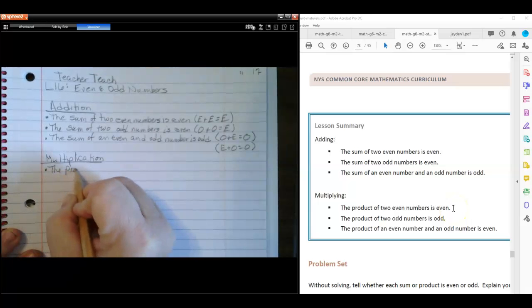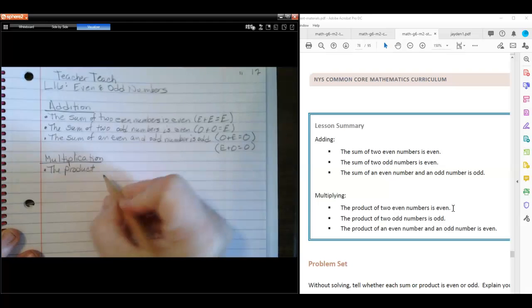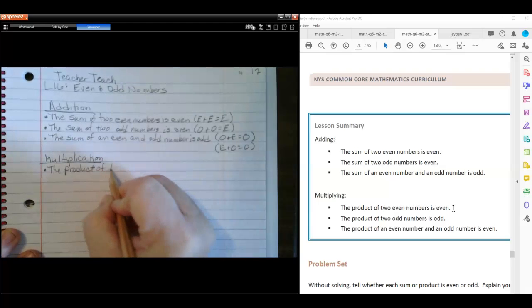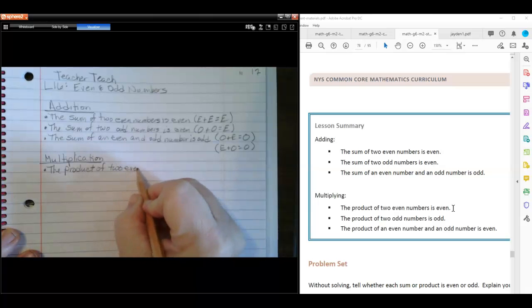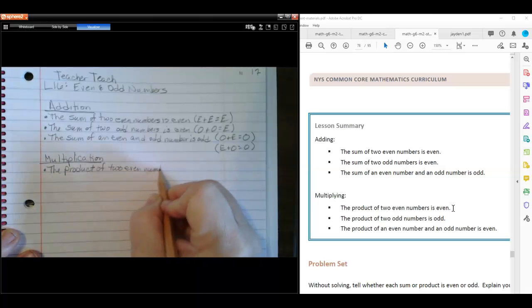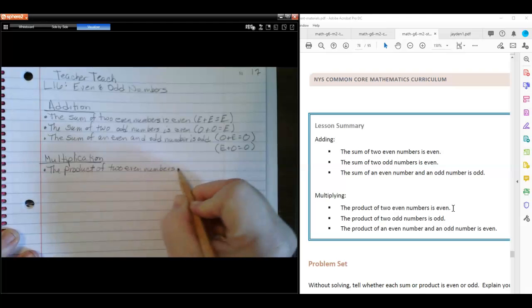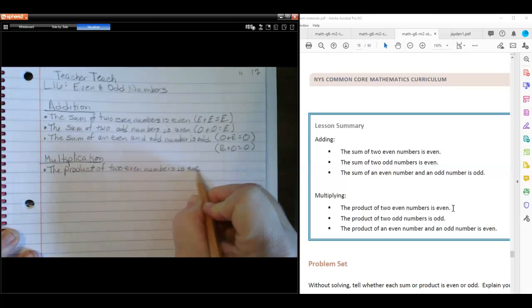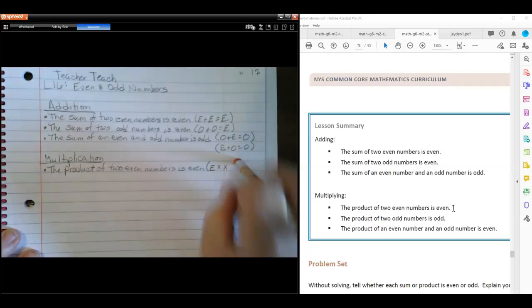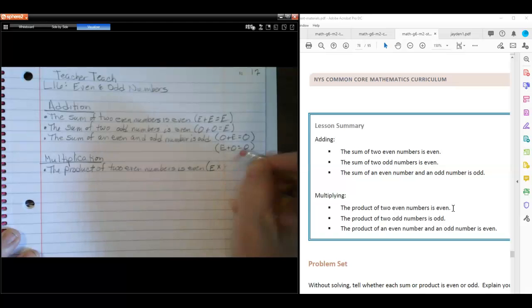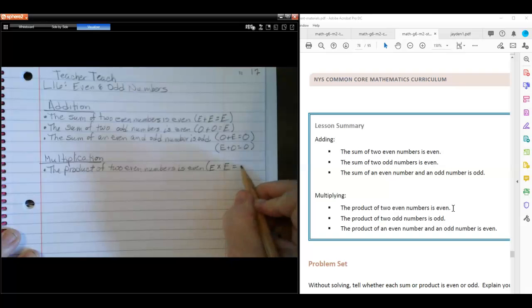Remember, product means the answer to a multiplication problem. The product of two even numbers is even. So even times even equals even.